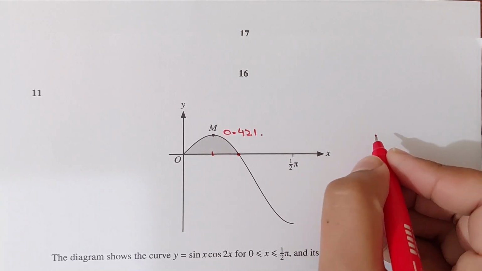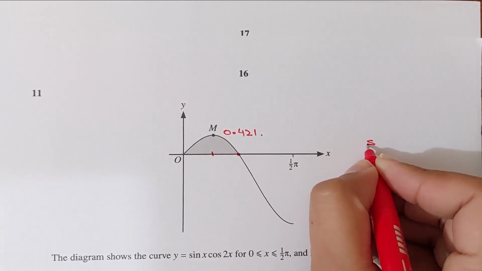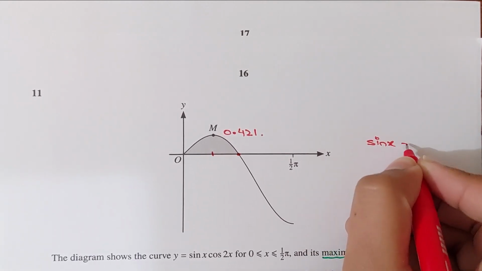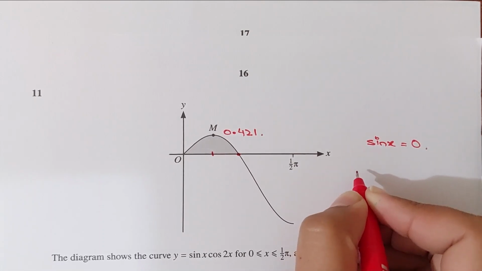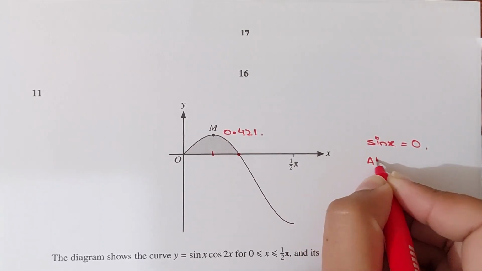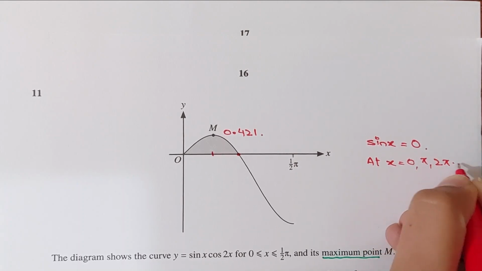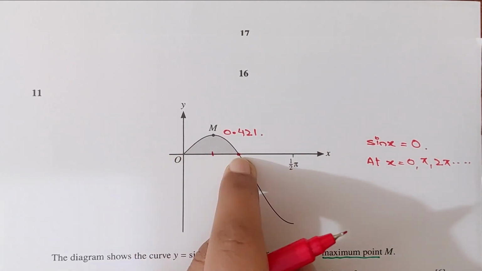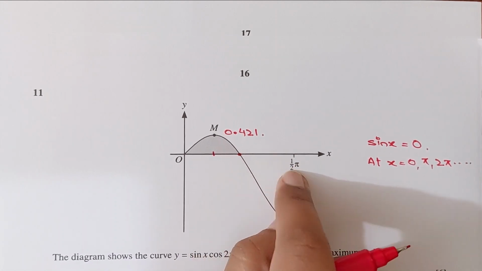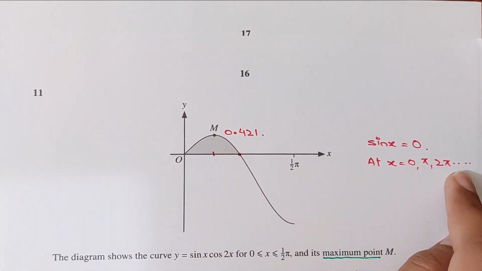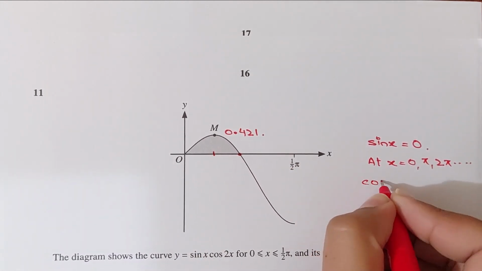So we have a curve sine x and cos 2x. We know that sine x is equal to 0 at what values? At x equals 0, pi, 2 pi, and so on. So it is 0 at 0, but the value should be lower than half pi, so we are not considering this. And what is cos 2x?